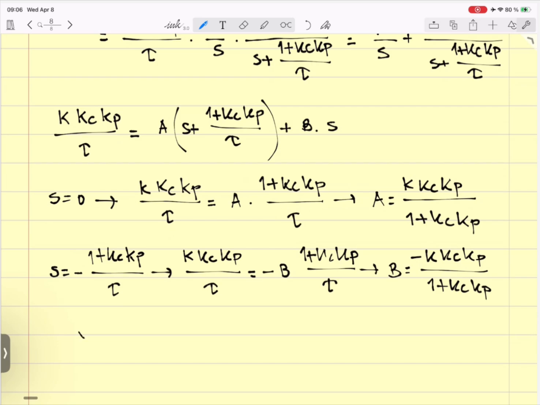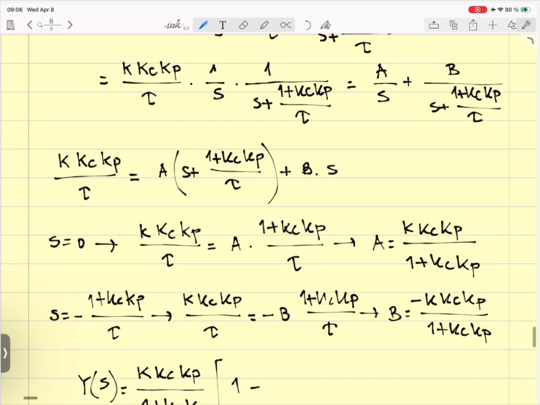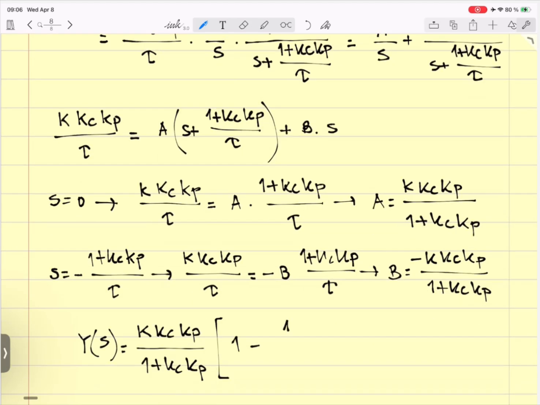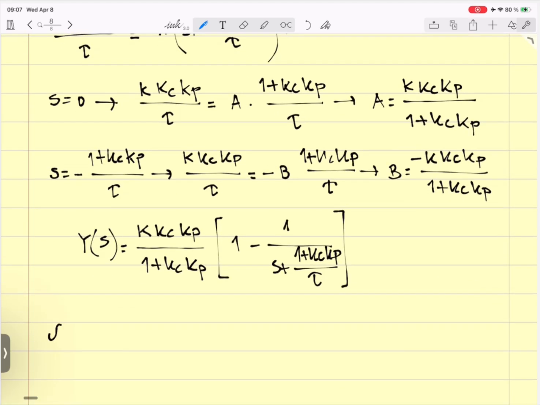So as a result, our function becomes k sub c k sub p divided by 1 plus k sub c k sub p multiplies 1 minus 1 divided by s plus 1 plus k sub c k sub p divided by tau. And in implementing the inverse Laplace transform, we have that I of t is 1 divided by s.